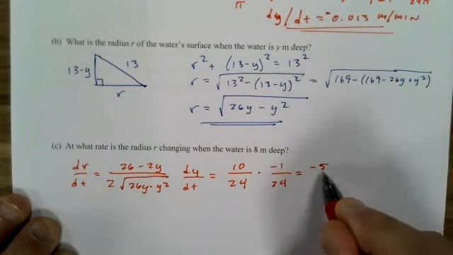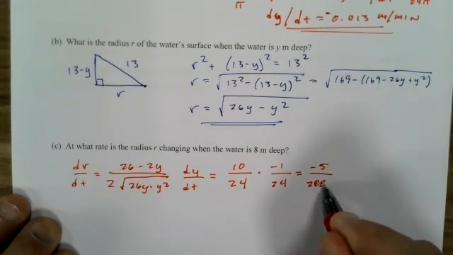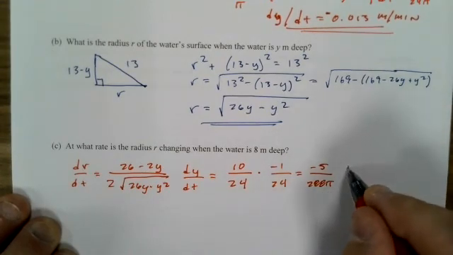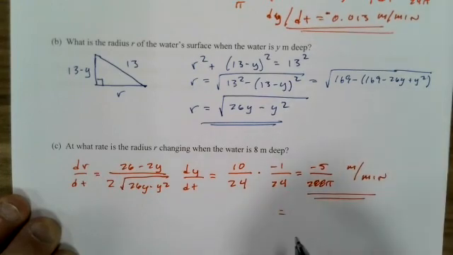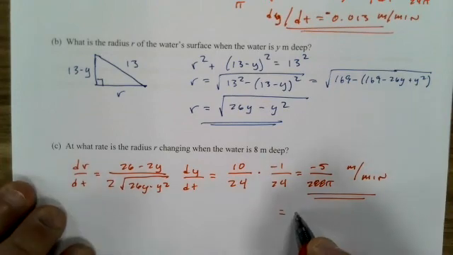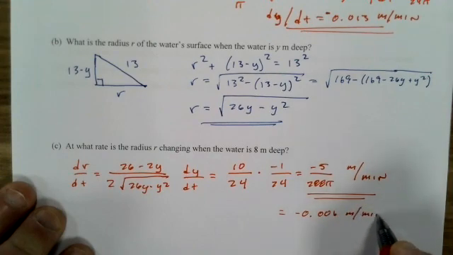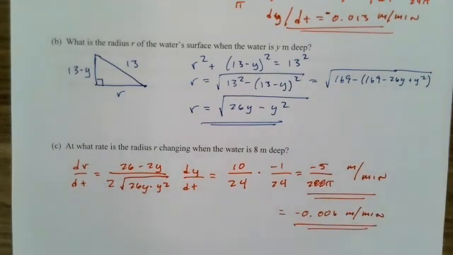So that gives you negative 5 over 288 pi. That's in meters per minute. Or if you're a person who really likes to see that, decimal 0.006 meters per minute.